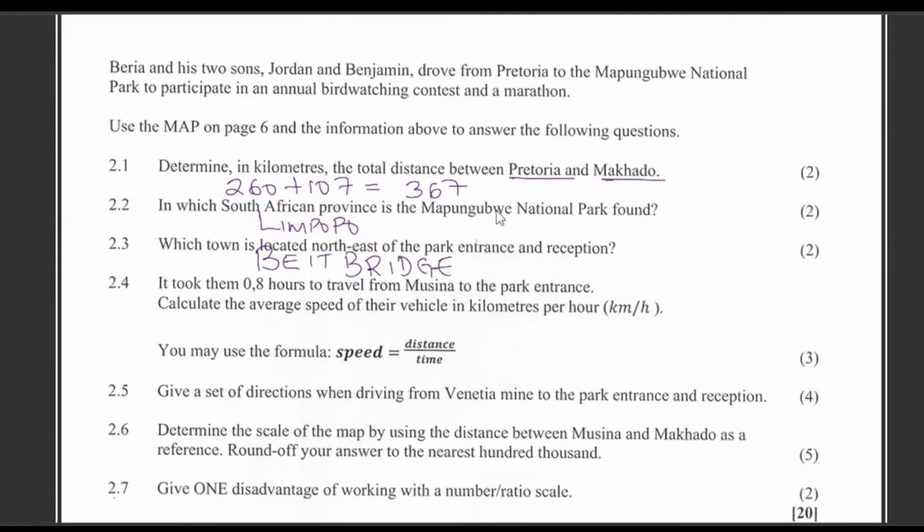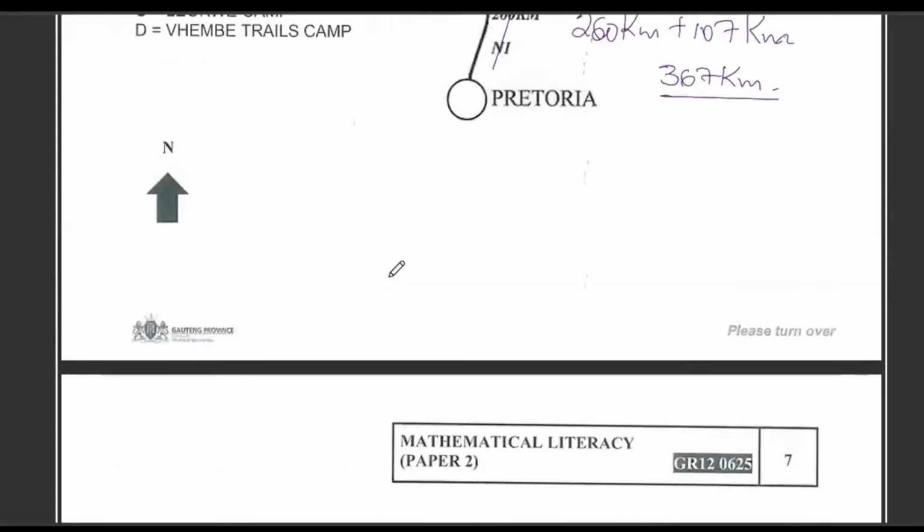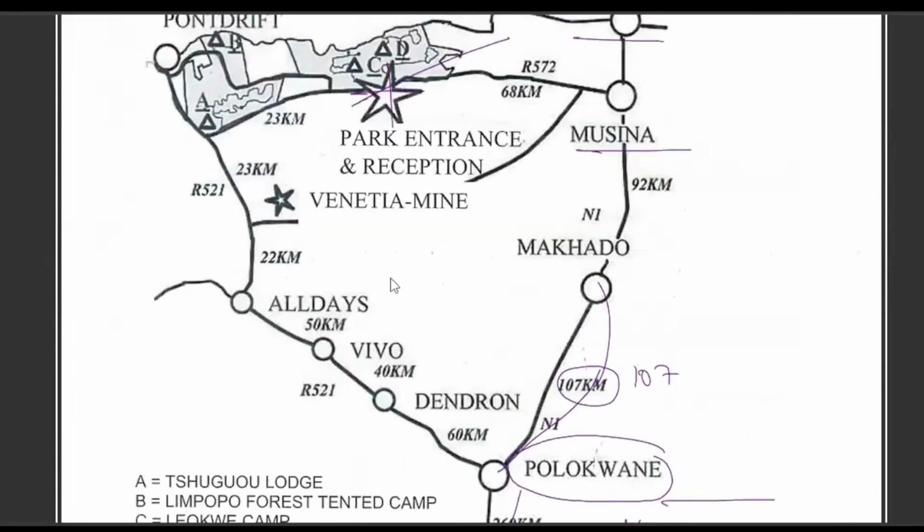Then we come to this other question that says it took 0.8 hours to travel from Musina to the park entrance. Calculate the average speed. Now ask yourself, do you have the distance? Because you already have the time. So you go to the map and look for the distance. We are going that side. So the distance we have here is 68.